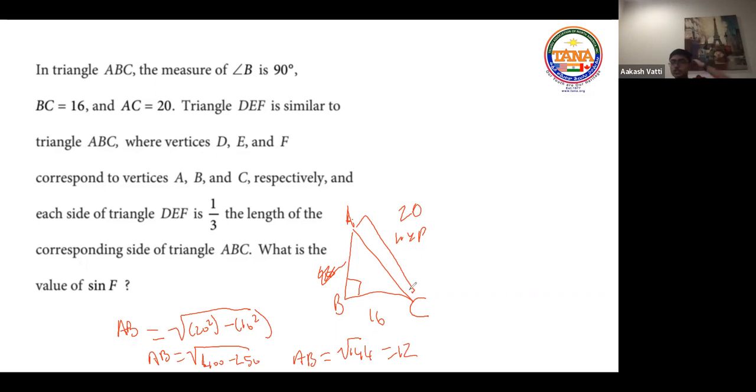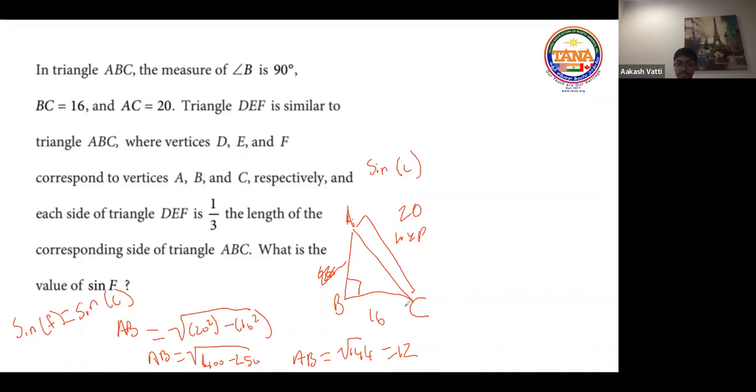And since you know that triangle DEF is similar to triangle ABC, with the vertices F and C corresponding, then the measure of angle F is the same as the measure of angle C. And therefore, you could say that sine of F equals sine of C. Remember, sine is opposite over hypotenuse.